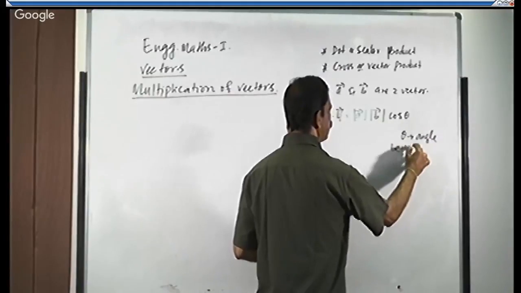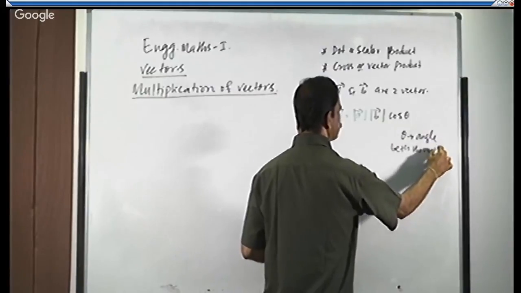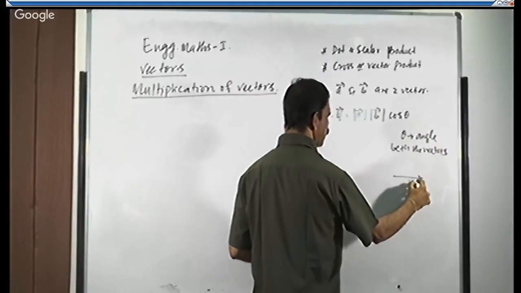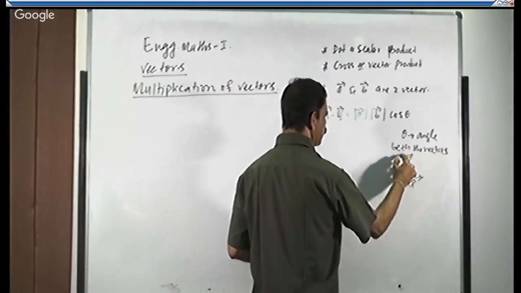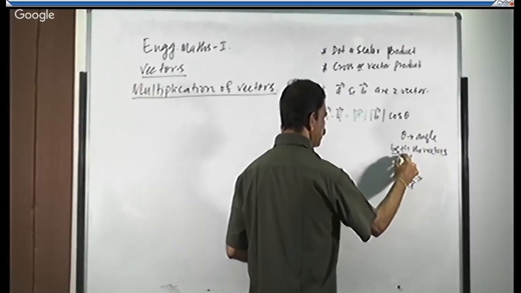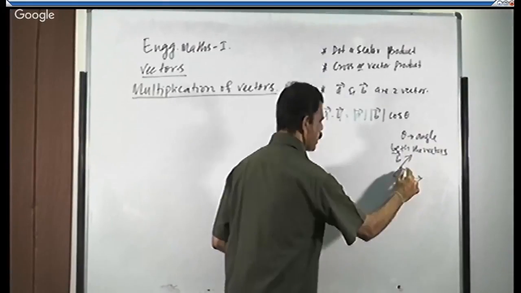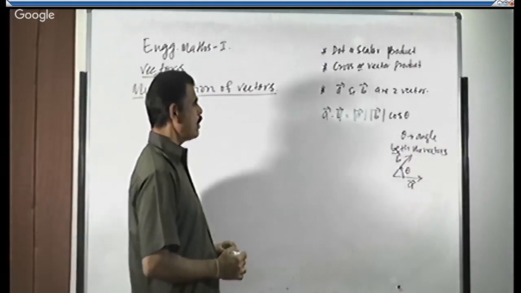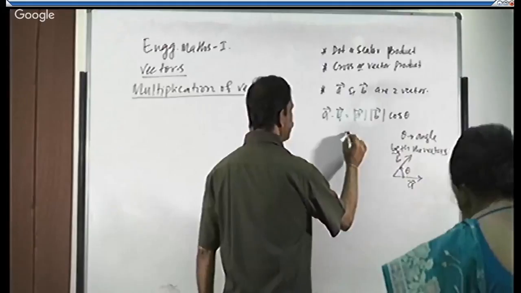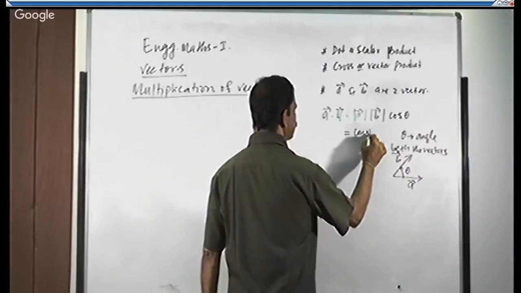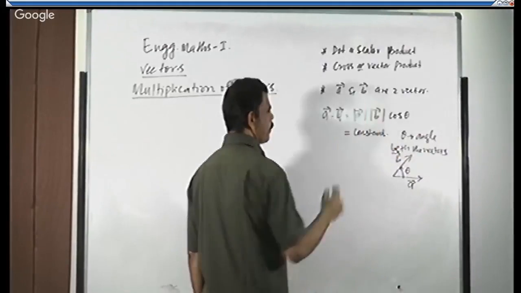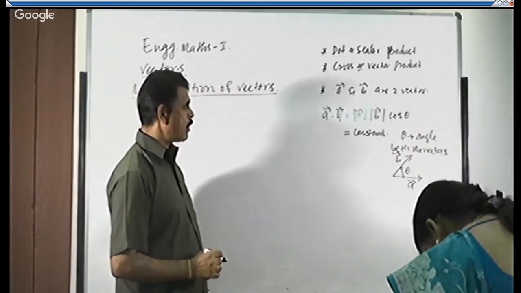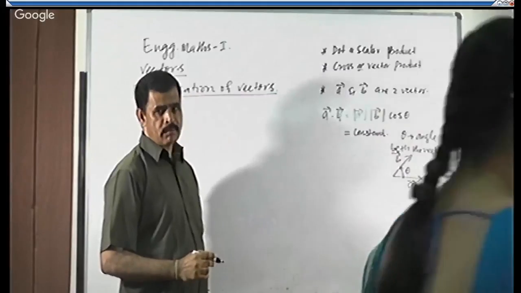Suppose this is vector A and this is vector B. In between these two vectors, we have an angle theta. So this is the definition of A dot B. Finally, you will always get some constant. This is the definition of dot product or scalar product.